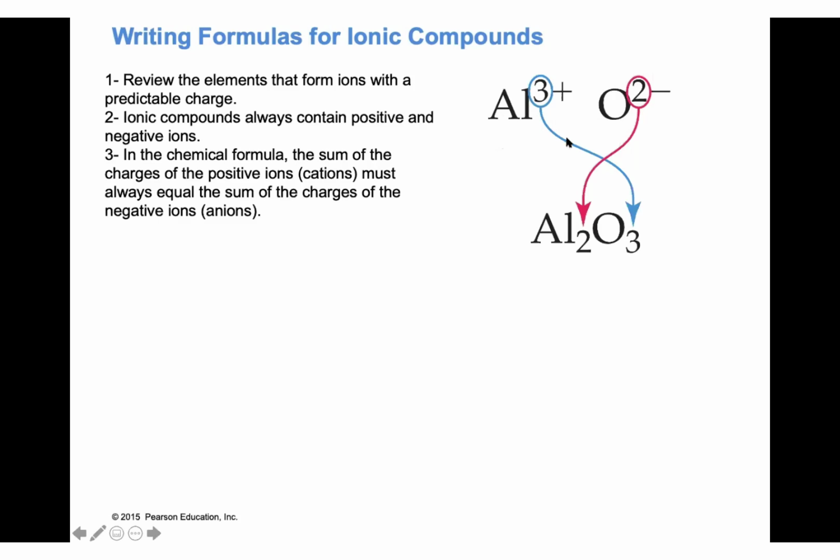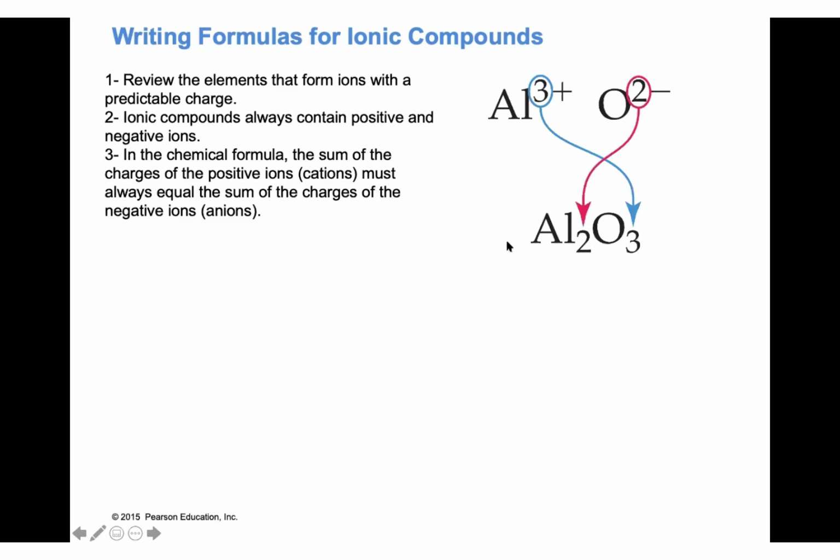So the rule to make an ionic compound formula is just cross. The positive charge will be the subscript of the other element, which here is oxygen. So the charge of aluminum is going to be the subscript of oxygen, and the charge of oxygen becomes the subscript of aluminum.